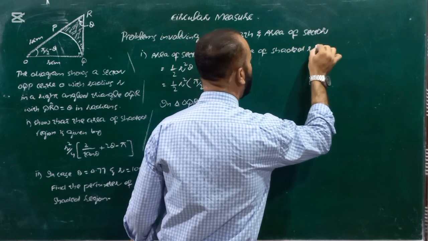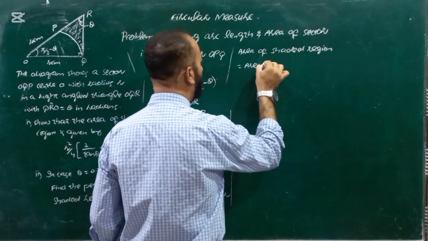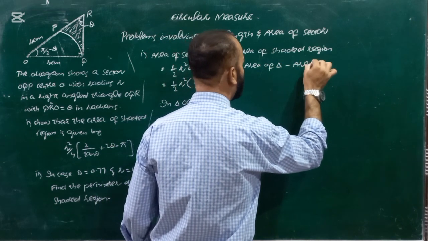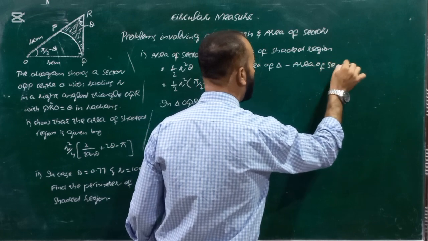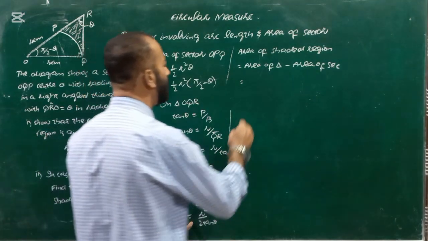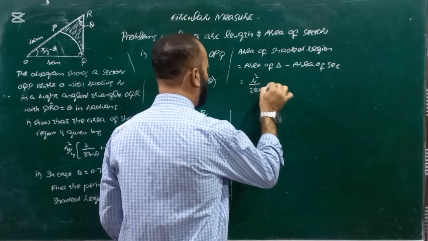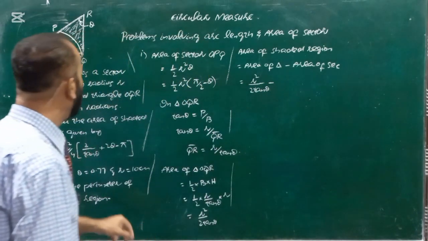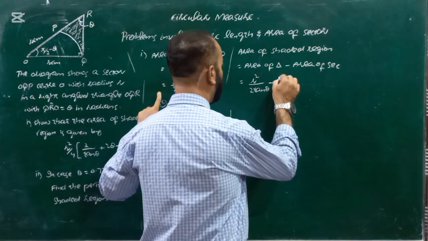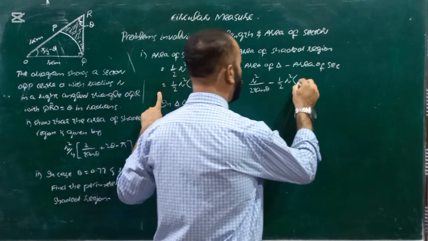Area of shaded region will be equal to area of triangle minus area of sector. So area of triangle is r square over 2 tan theta minus area of sector. And here is the area of sector, that is 1 by 2 r square into pi by 2 minus theta.